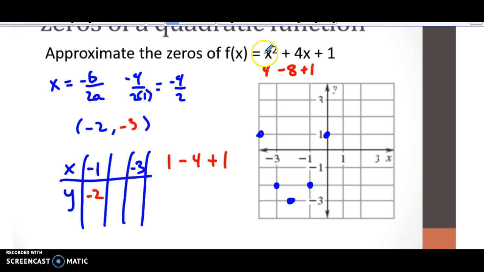If I put -3 in, -3 squared is 9. 4 times -3 is -12. So I have 9 minus 12 plus 1. 9 minus 12 is -3. -3 plus 1 is -2. And that is indeed what I have. So I have points above the axis and below.